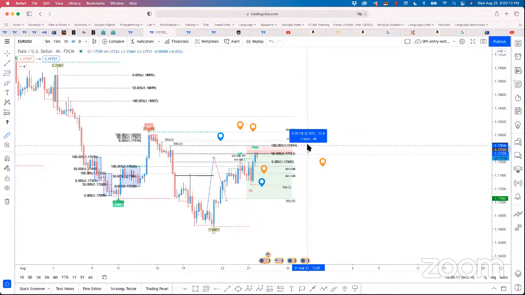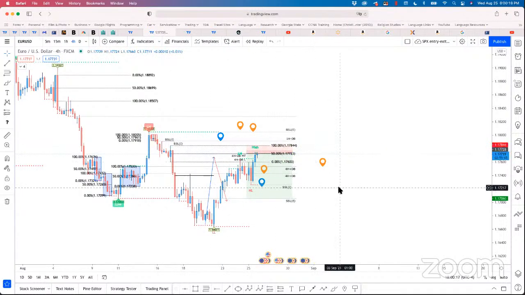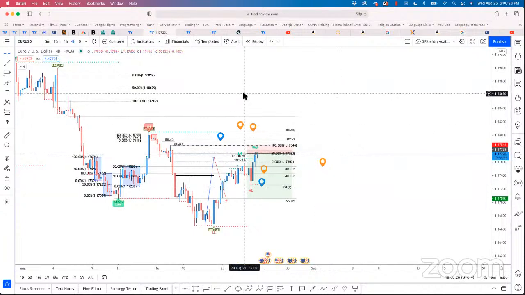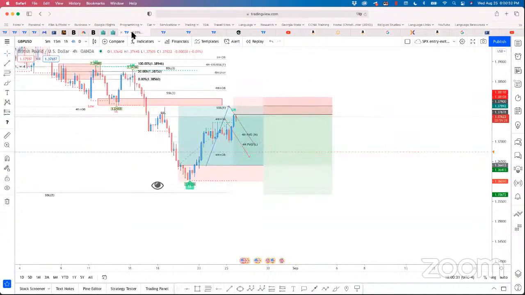And then, as long as it doesn't break and close above this wick right here, I'll stay in this trade. But because I put a pending order in, when I put pending orders in, I don't put big trades in. 0.25 at the most on that, 0.25 at the most.